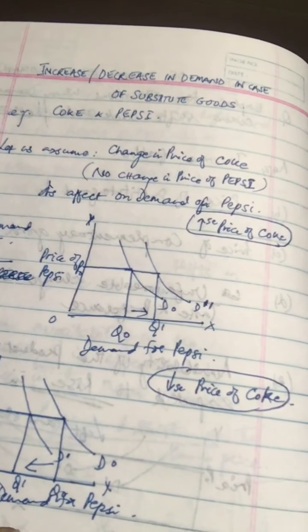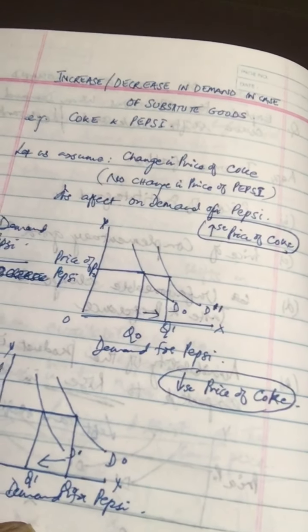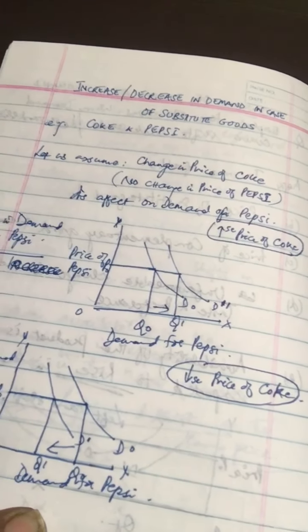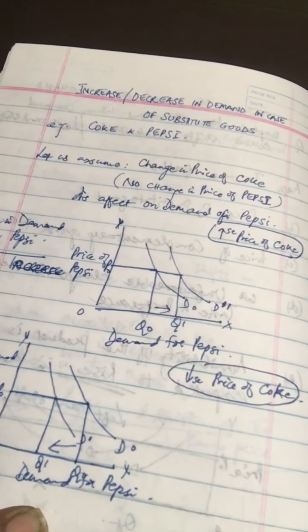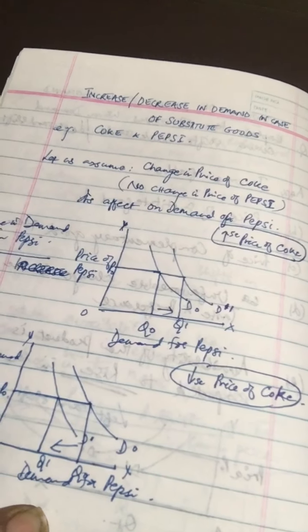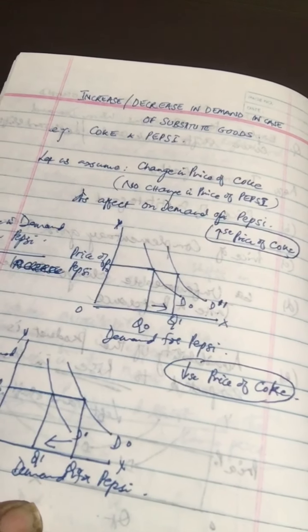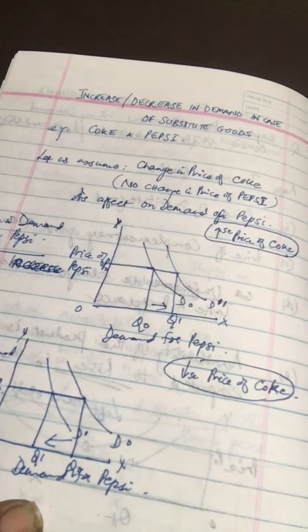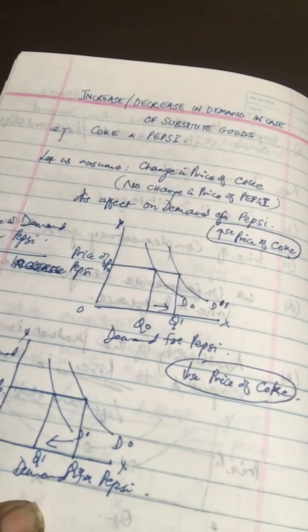Suppose the price of Coke falls. Initially, at the price of Pepsi, the quantity demanded was Q0 on the demand curve D0, that is D original.